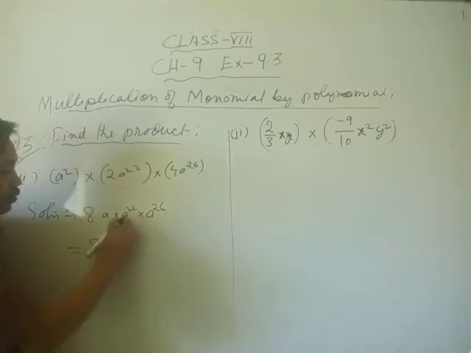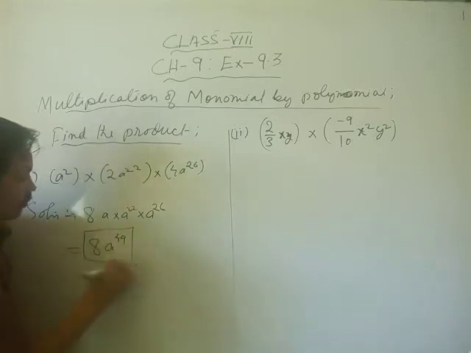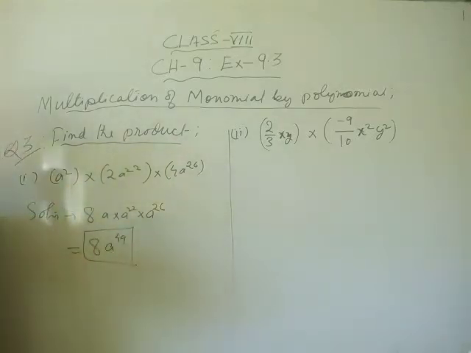The base is the same in all of them, so the powers should be added, isn't it? Take 1 for a and add all the powers: 26 plus 22 is 48, 48 plus 1 is 49. 8a to the power 49 is the answer of the multiplication of Roman 1.